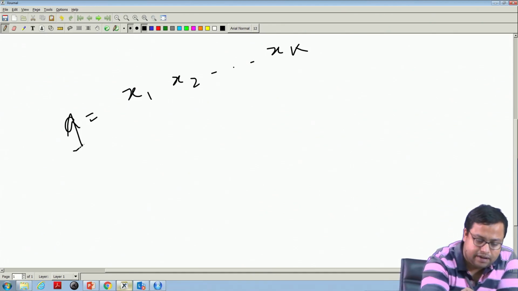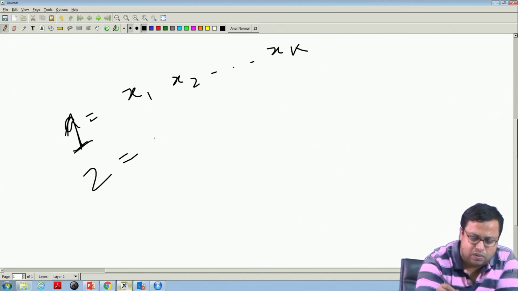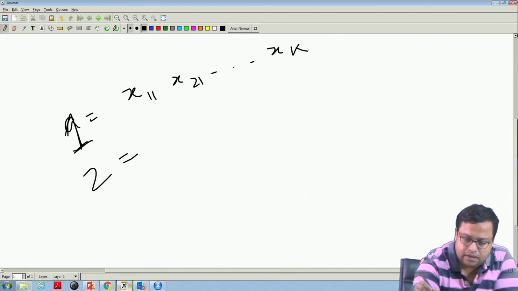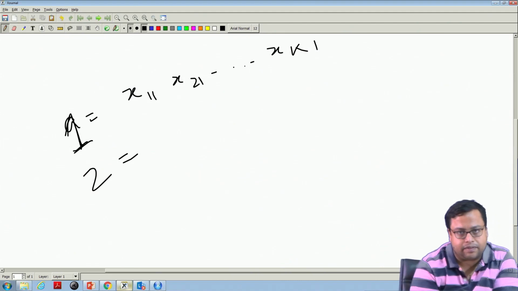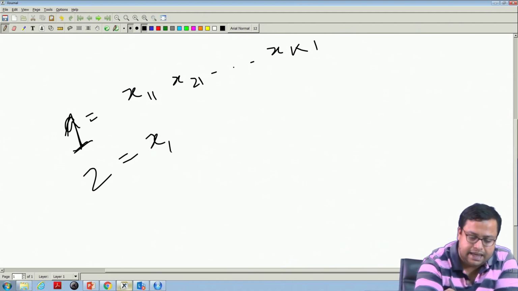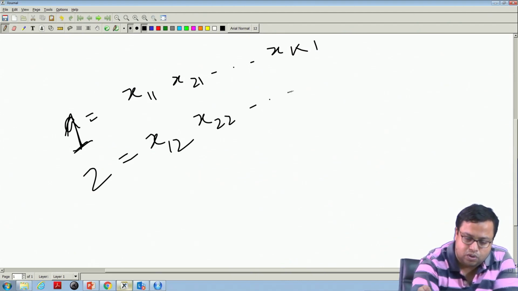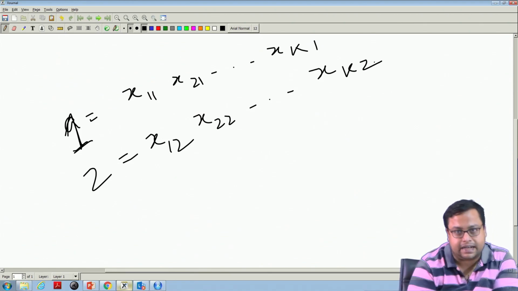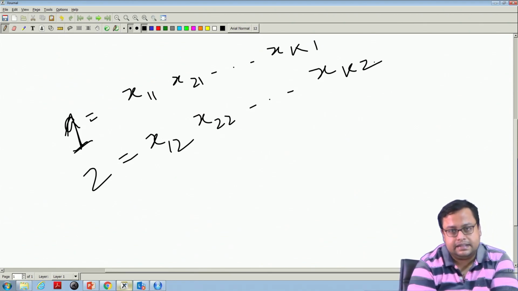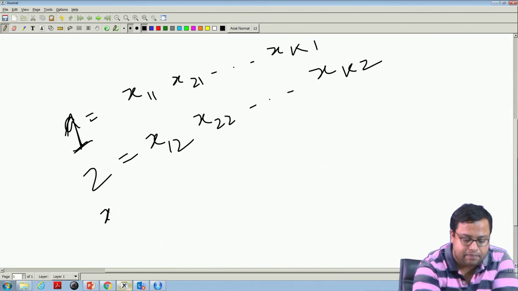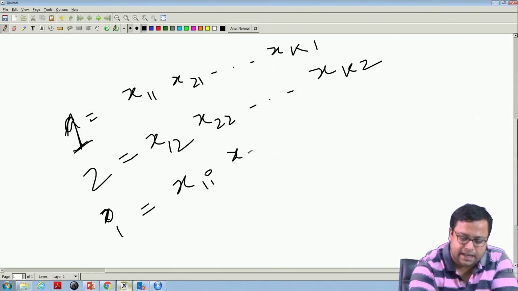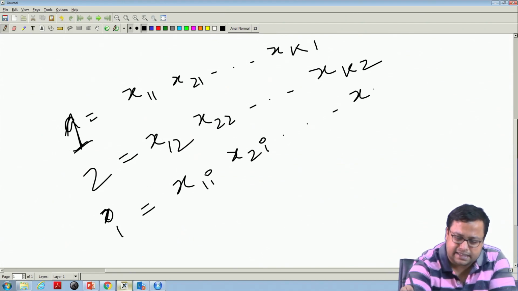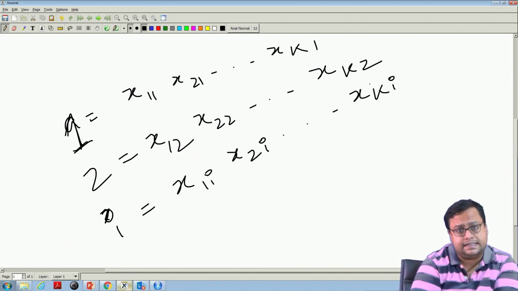So, person 1 has x11, x21, up to xk1 characteristics, and person 2 has x12, x22, up to xk2 characteristics. Then the ith person has x1i, x2i, up to xki characteristics.